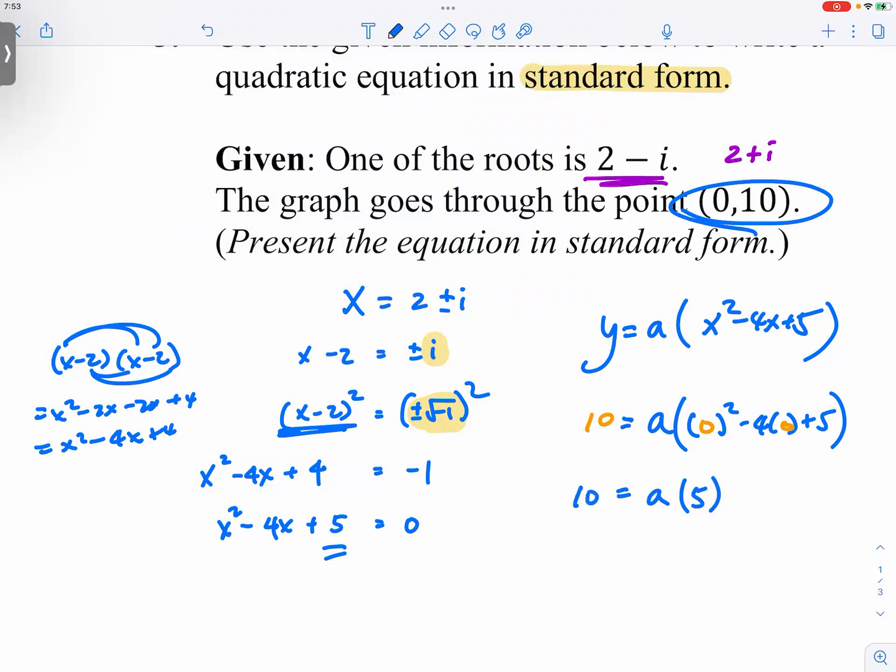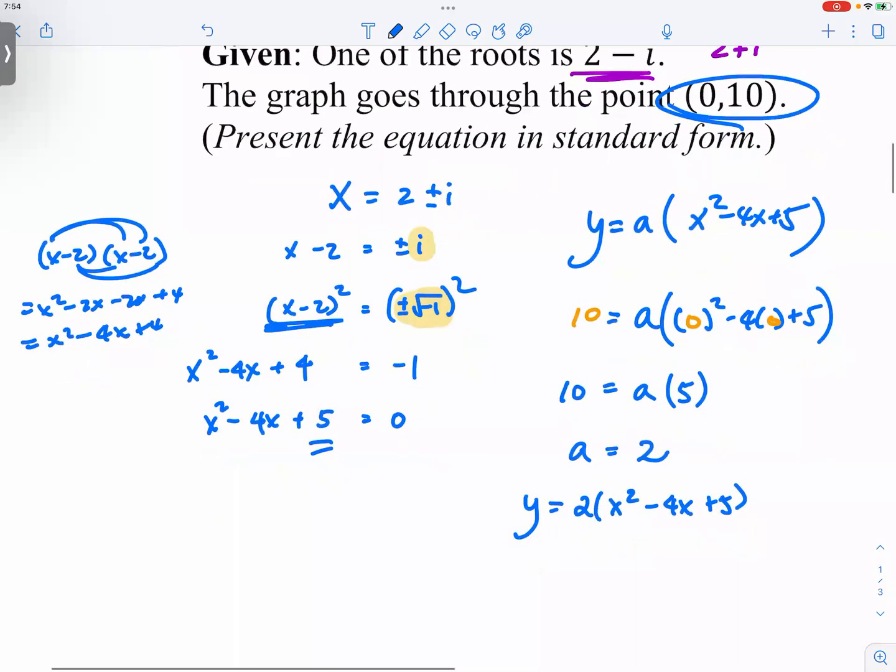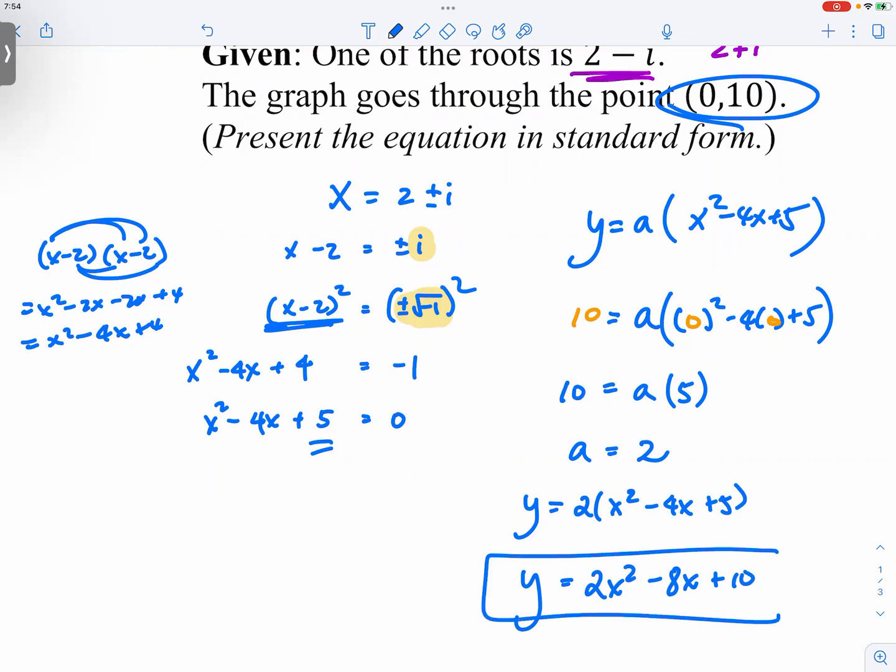So that means 10 is equal to 5a. That means a is equal to 2. So you go ahead, put the 2 back into the a and multiply it out. And that would be your standard form equation.